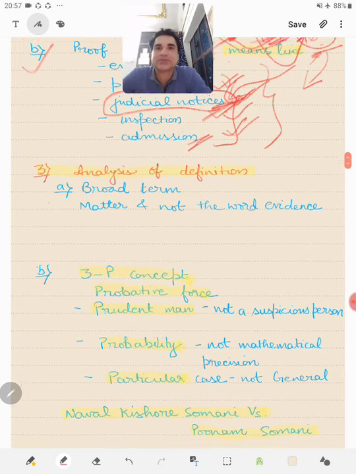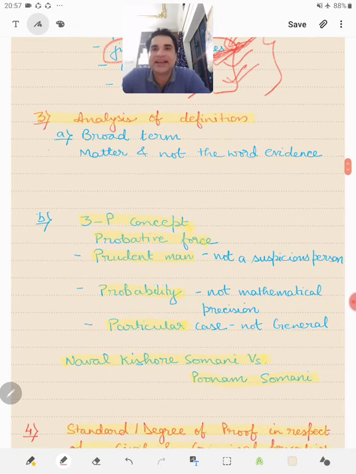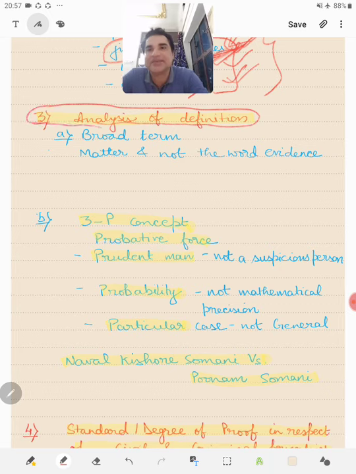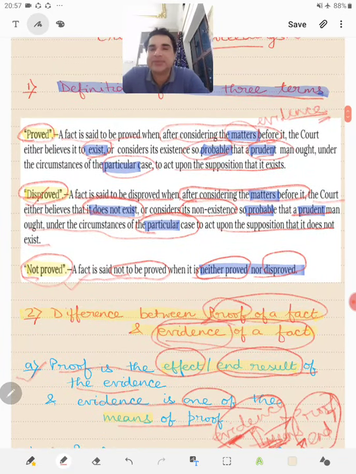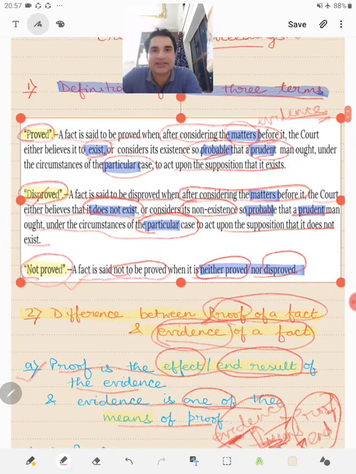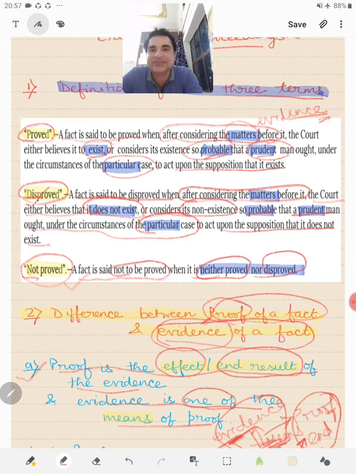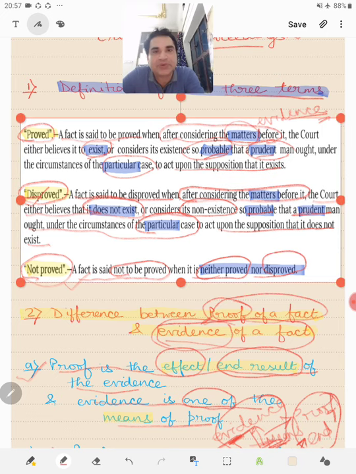Now, let us proceed further and analyze the definition as such, which is given under section 3, which we have just read. So, the first point to be noted is that the term is used very broadly. As I pointed out while reading the Bare Act, what is written is that a fact is said to be proved when, after considering the matter before it, not only the evidence.